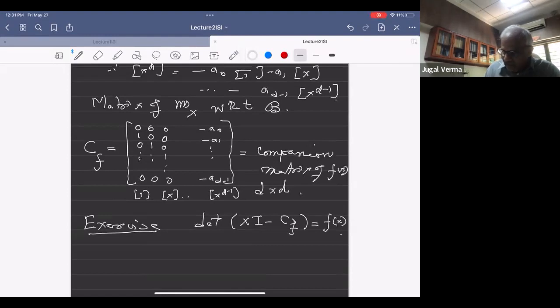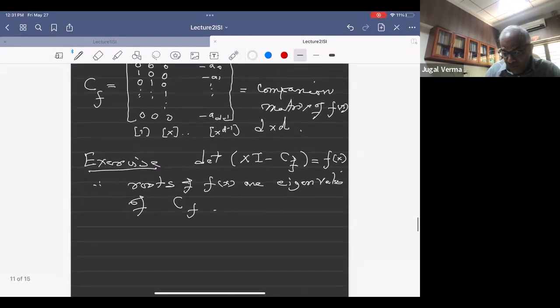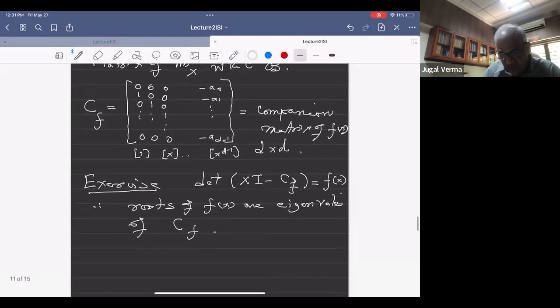Okay, so therefore the roots of f(x) are eigenvalues of the companion matrix. So the problem of computing roots of a polynomial in one variable is reduced to computing eigenvalues of the companion matrix.